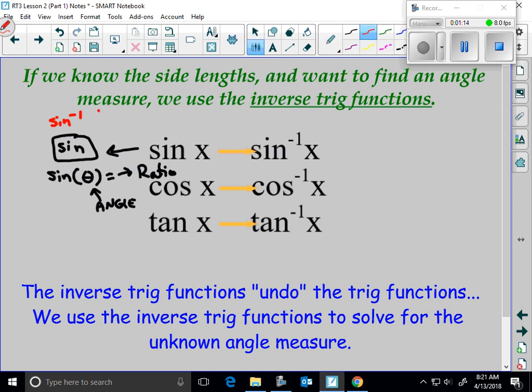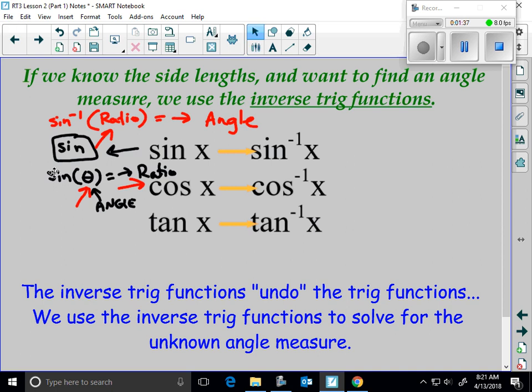If I do the inverse sine of some ratio, what gets spit out? Here I inputted an angle, I got out a ratio. Here I input a ratio, what do I get out? An angle. These are called inverses. So let me show you an example of that.